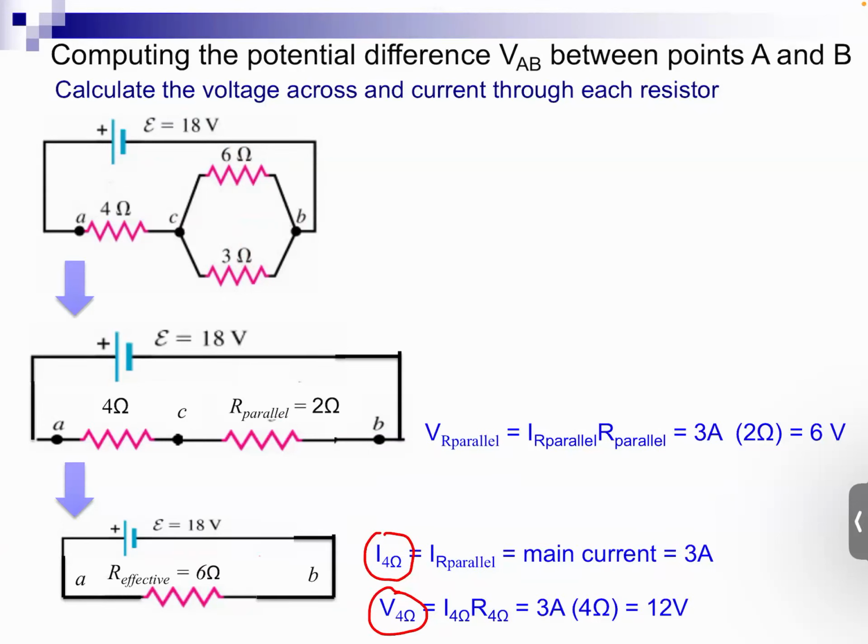But what we know is that the voltage across this parallel resistor is 6 volts. We've calculated that before. Now, if you move backwards, you know that our parallel resistor consists of 2 resistors that are in parallel, and you know that in a parallel connection, voltages are the same.